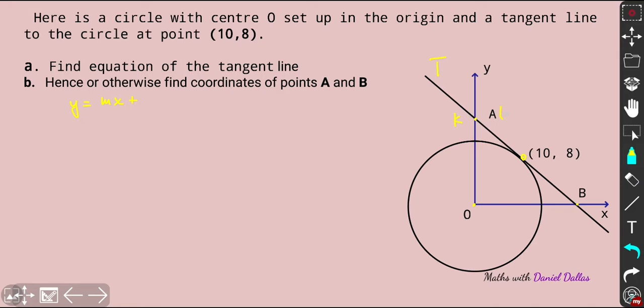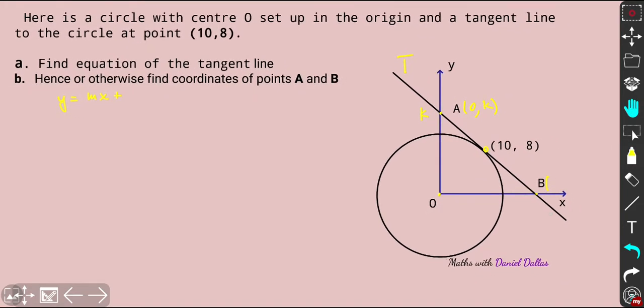So point A will have the coordinates 0 for x and k for y. And what about B? Let's mark the x-intercept with the letter p, and that means B has coordinates p and 0 for y.